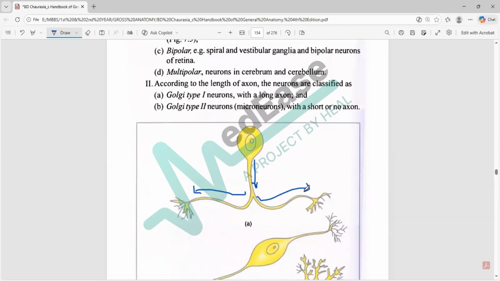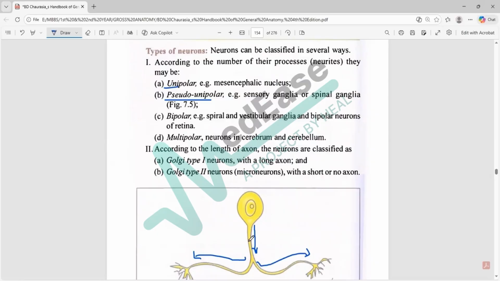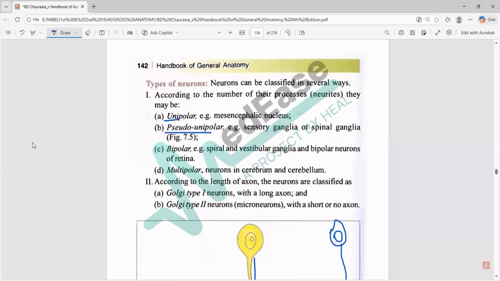Pseudo means false: it appears unipolar, but unlike the typical unipolar neurons, it does not look like one. If I draw for you, this is our soma and this is our normal unipolar neuron, instead of the pseudo unipolar neuron. Unipolar and pseudo unipolar neurons are mainly found in the sensory or spinal ganglia.